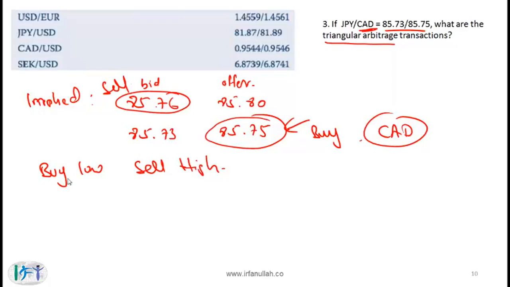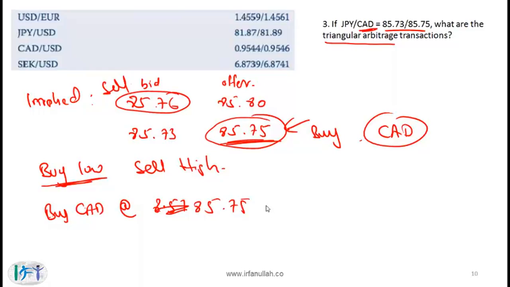So the buy low would involve buying, so you would buy Canadian dollars at 85.75 yen, and over here you would sell Canadian dollars at 85.76. So for each Canadian dollar you would make an arbitrage profit of 0.01 Japanese yen.